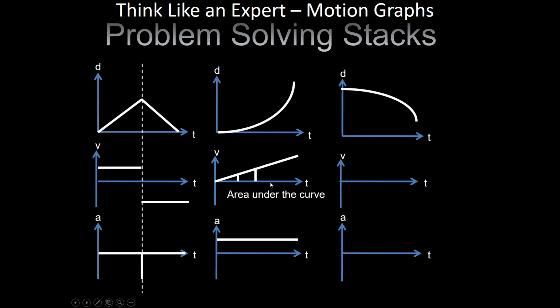And if I do that same thing again, I've got an even bigger area. Why is this significant? Well, velocity is measured in meters per second. Time is measured in seconds. When I multiply meters per second times seconds, the seconds on the bottom and on the top cancel, and I'm left with meters.